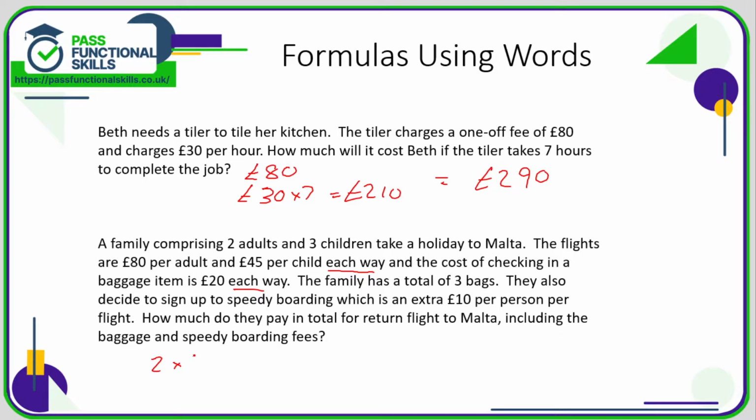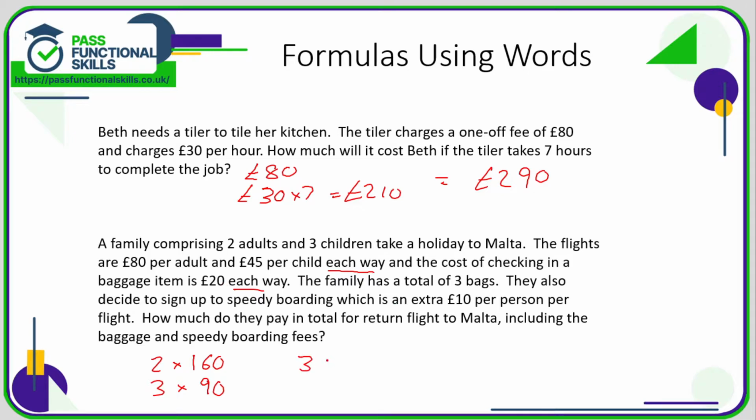2 times 160 and 3 times, not 45, because 45 is just the single, so 3 times 90. Baggage is £20 each way, so that's going to be £40 return.